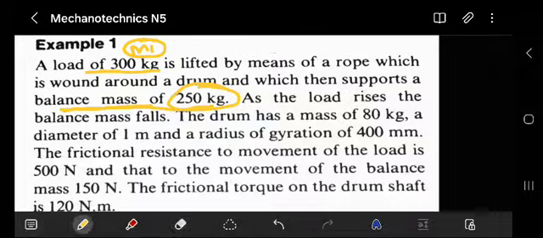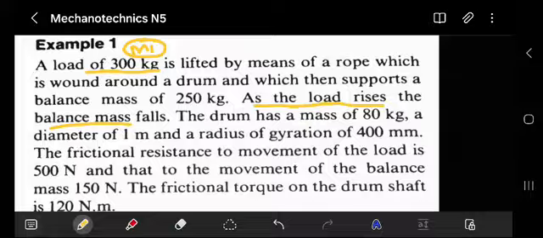Sometimes they won't write balance mass, they will just say counterweight. Counterweight is the same as balance mass. This is M2. So as the load rises, the balance mass must fall.